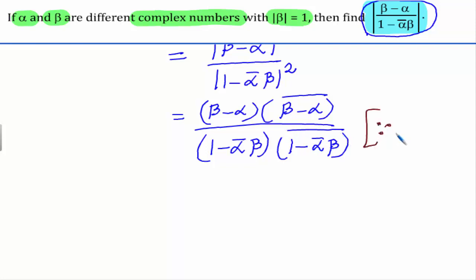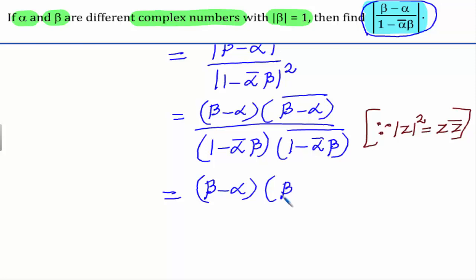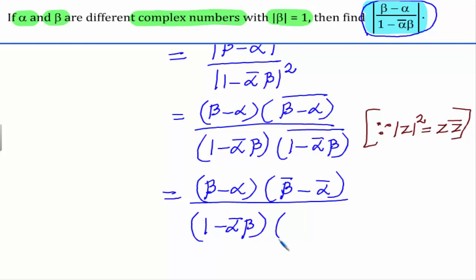Since modulus of Z square is equal to Z multiplied by conjugate of Z, this will be equal to (β − α) multiplied by (conjugate of β − conjugate of α) divided by (1 − conjugate of α multiplied by β) into (1 − α multiplied by β conjugate).